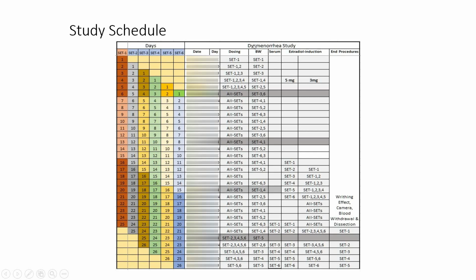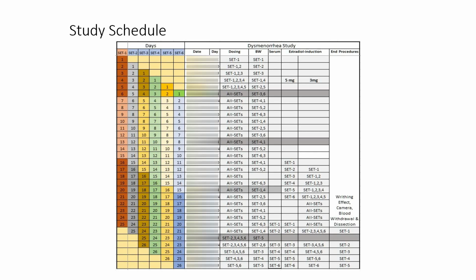Next is body weight. You have to take the body weight set wise again, because this will help you decide how much dose you are going to give the animals. Because of the body weight, you decide what amount of drug you are giving. When you dose set 1, on that day you have to take the body weight of set 1.